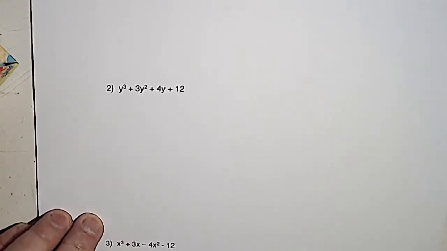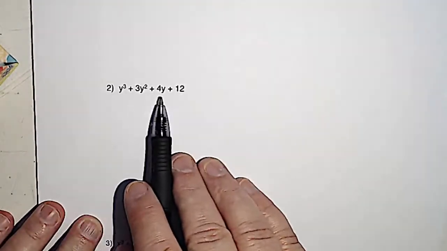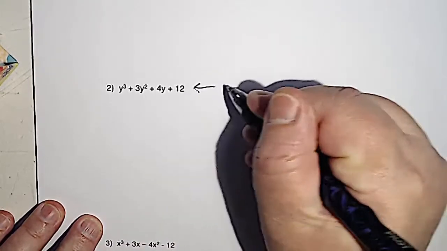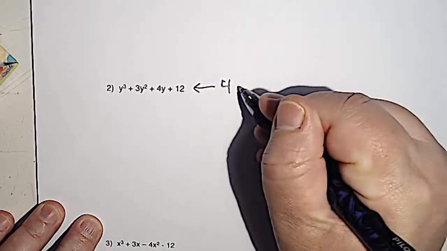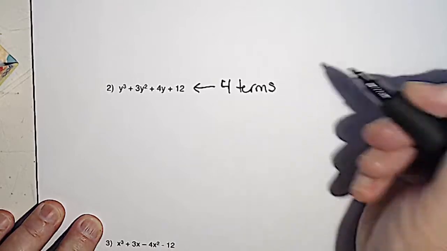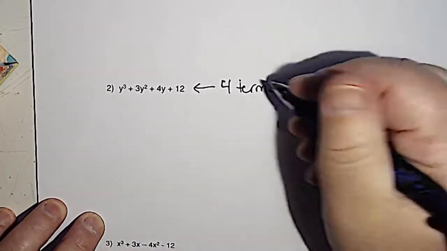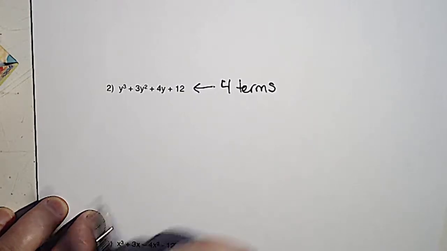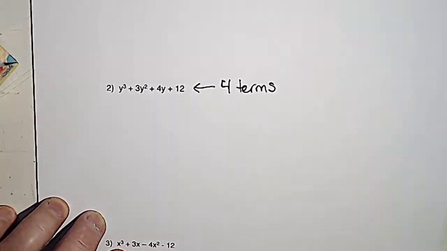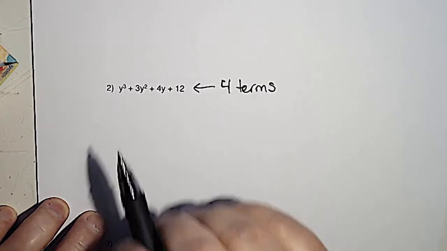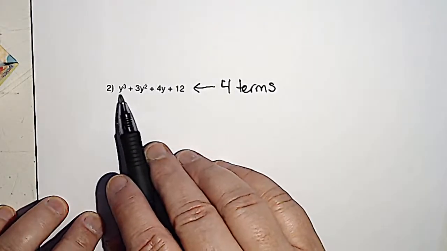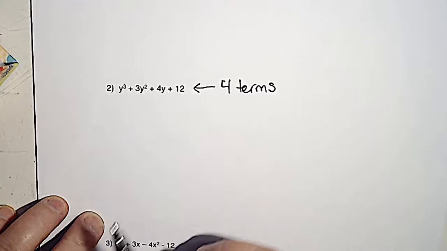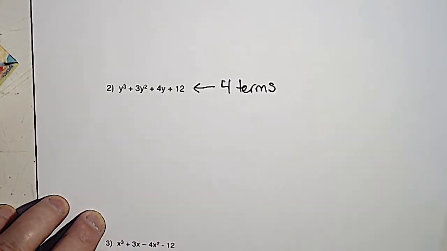So number 2, I have 4 terms. The thing about grouping is it usually happens with 4 terms. 1, 2, 3, 4. And generally what happens is you look at it and your brain says, ooh, y's.